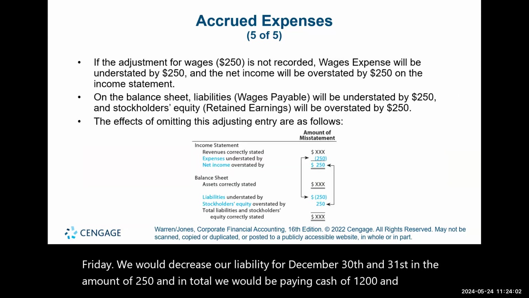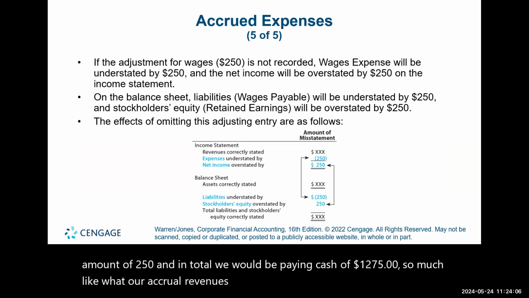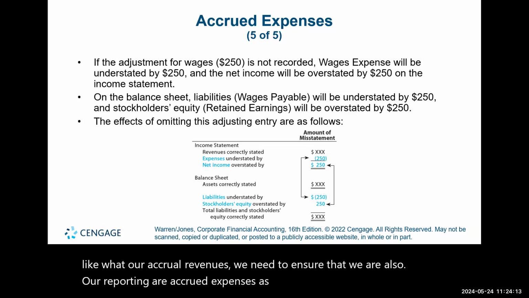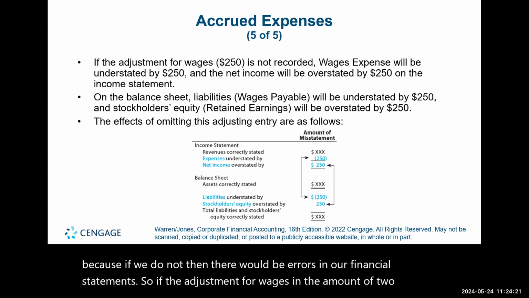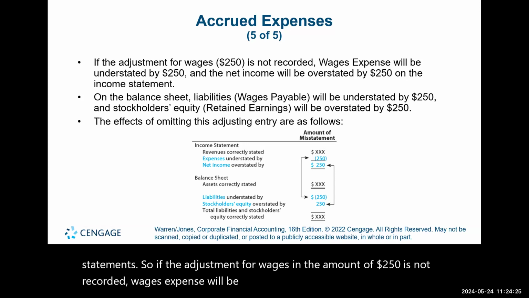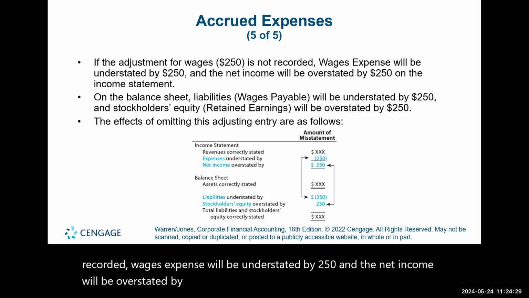So much like with our accrued revenues, we need to ensure that we are also reporting our accrued expenses as well. And the reason being is because if we do not, then there would be errors in our financial statement. So if the adjustment for wages in the amount of $250 is not recorded, wages expense will be understated by $250, and the net income will be overstated by $250 on the income statement.